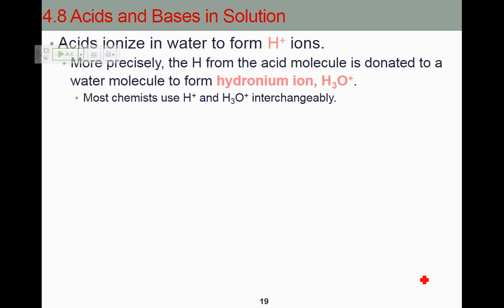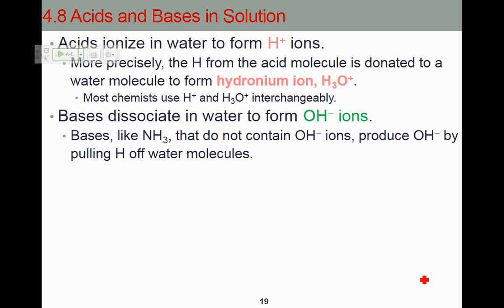Most chemists will use H+ and H3O+ interchangeably. That happens because water will typically take the H+ to form oxygen with 3 bonds to hydrogen, so 3 hydrogen atoms. Here, we're mostly going to be using H+, but when you get into this section in General Chemistry 106, you're going to be looking at this in more detail.